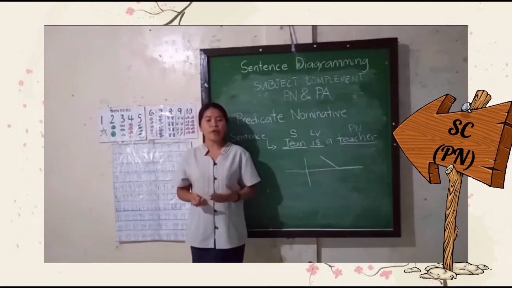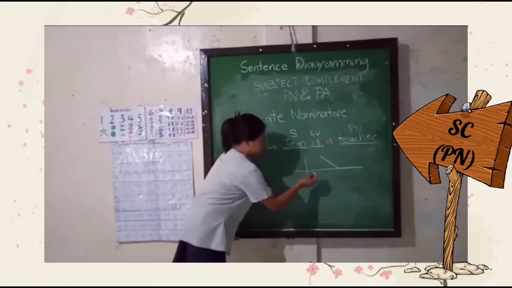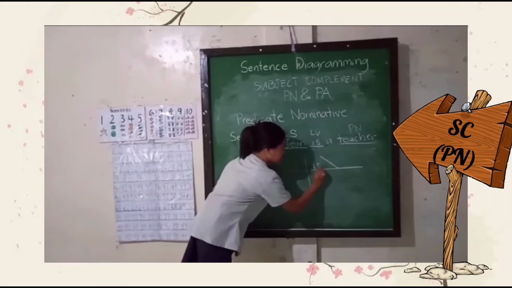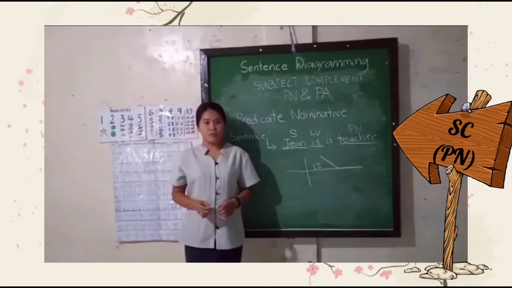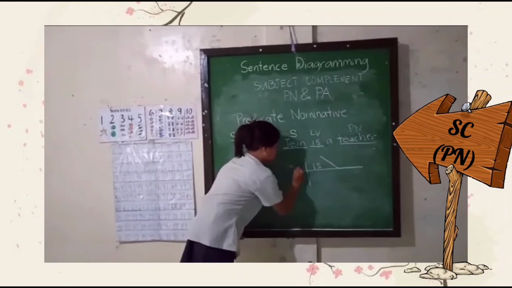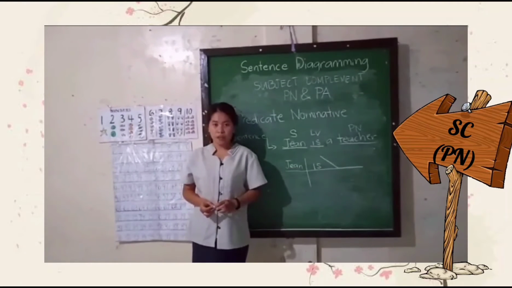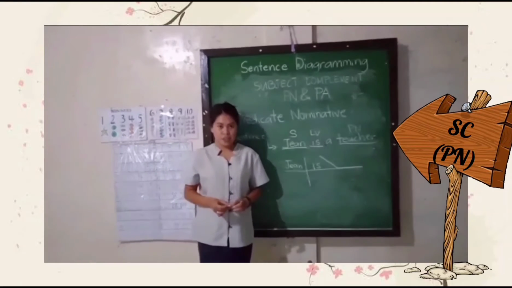So it's very important that when you have a linking verb, you make sure that your line following the verb is slanted. Now, we simply add our parts to the diagram. Our linking verb is. And our subject is Jean. And our predicate nominative or PN is teacher.